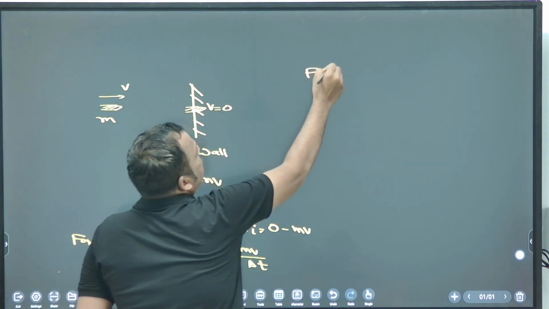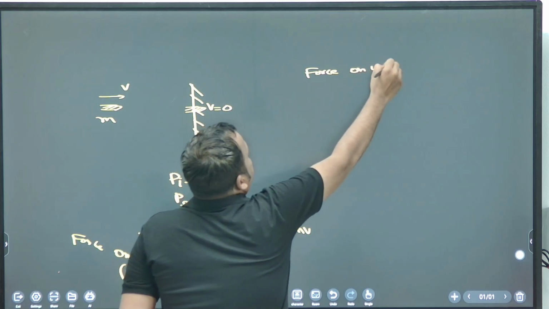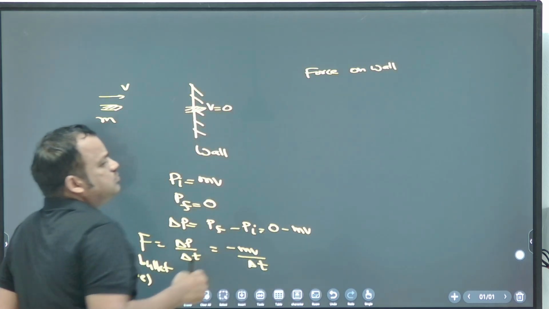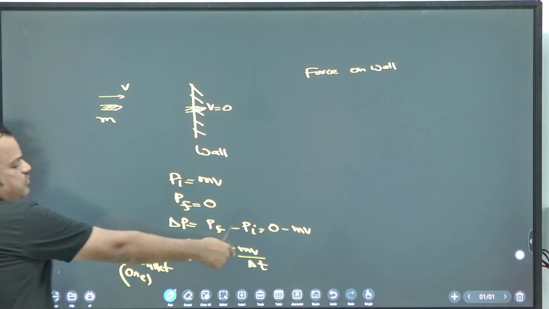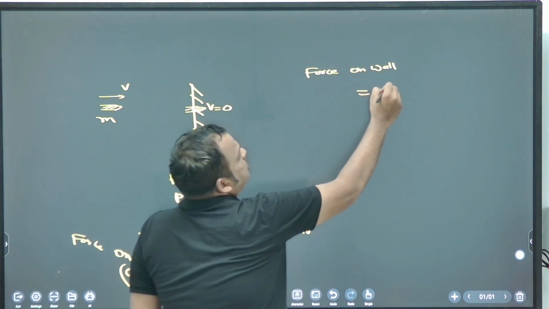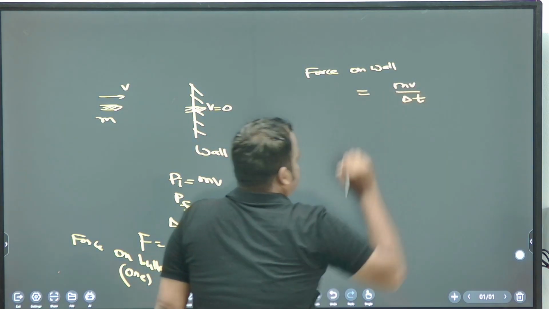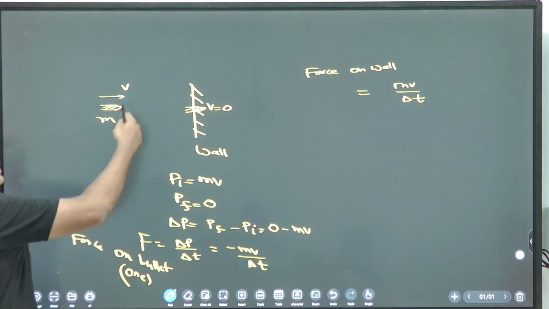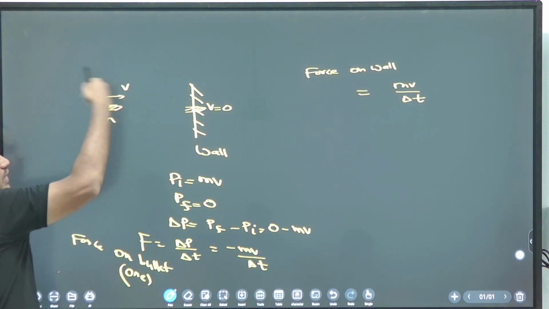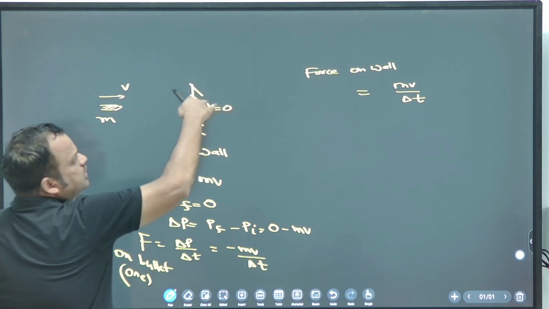So what is the force on the wall? Plus of this. So force on the wall will be mv by delta T, correct? If the bullet is experiencing force on the left side, the wall will experience force on the right side.